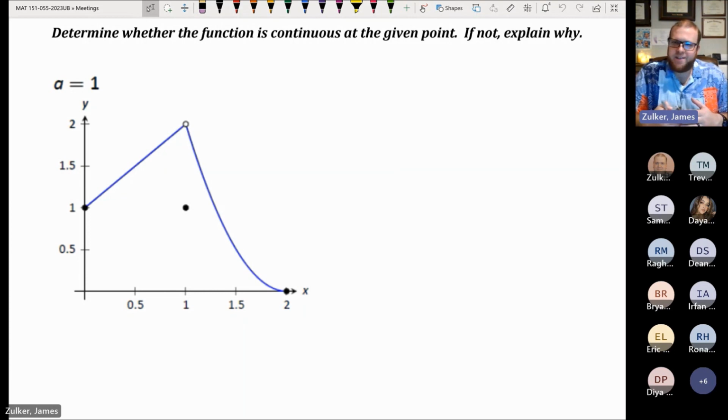So f of a is defined, right? And the limit exists. So the first two conditions are satisfied. However, the limit does not equal f of a.